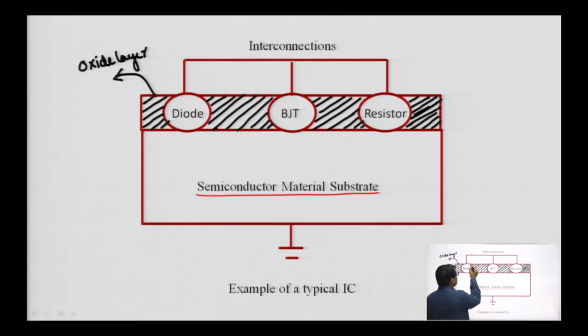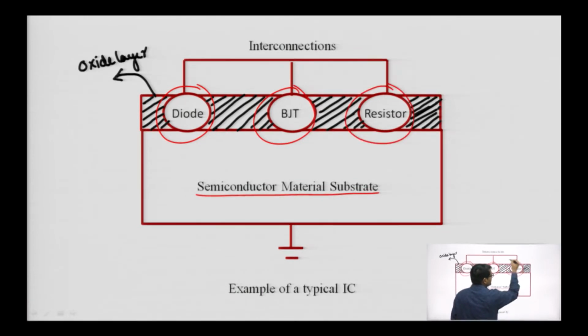This part covers the diode, this is the BJT and this is the resistor, and this shows the interconnection made with metallization, in which we connect the components through a metallic layer.